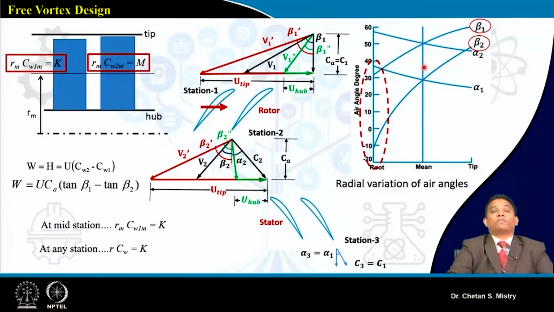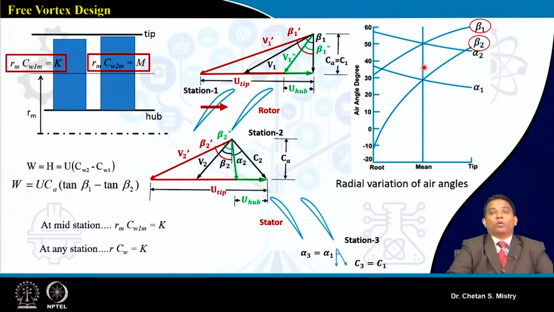That we have defined in the form of some constants, CW1 and CW2. Then the exponent in the equations for CW1 and CW2 we have assumed to be n equal to 0, n equal to 1, and then n equal to minus 1.